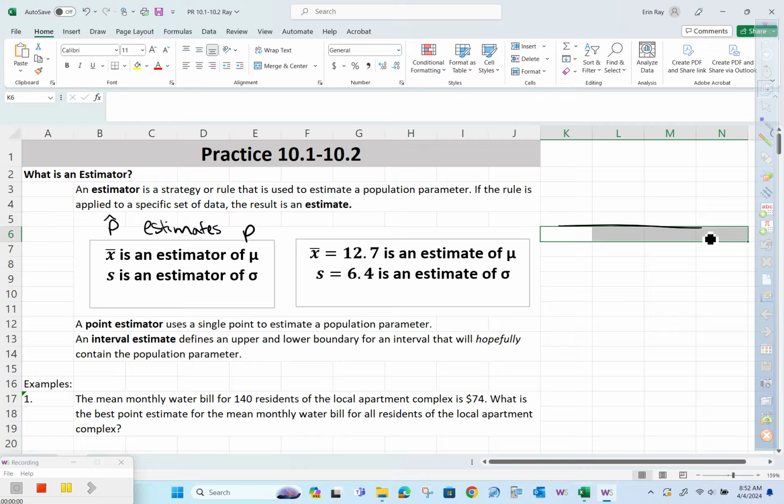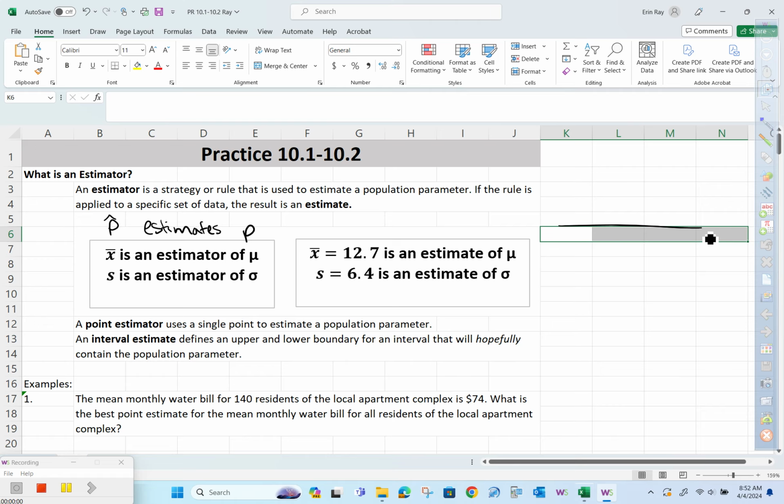So we had the sampling distribution of sample means, and when we had that normal distribution, it ended up that the mean of the sample means was actually the population mean. Okay?